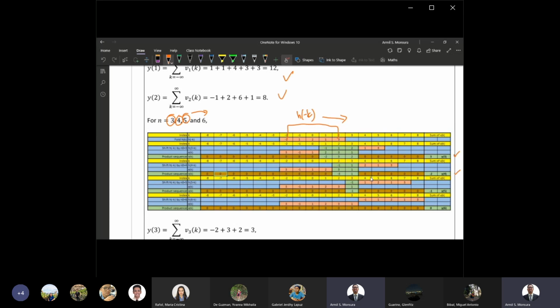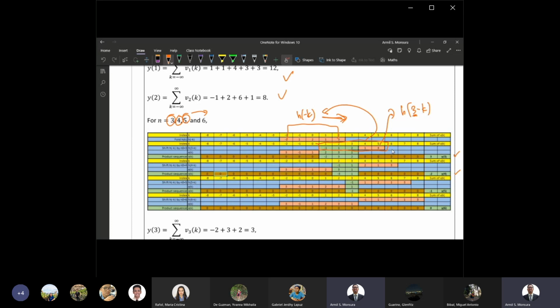Say for example, for h equals negative 3, ito na siya, delayed na siya with respect dito. This is h of 3 minus k. So again, pag positive to, you tend to move the signal values to the right of the original signal values, so delayed na siya.